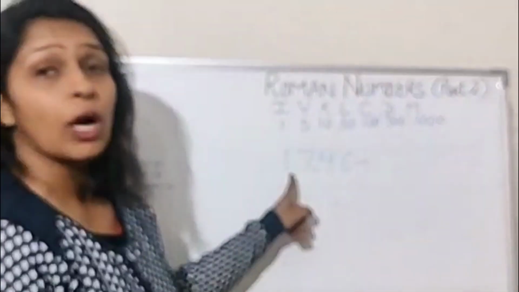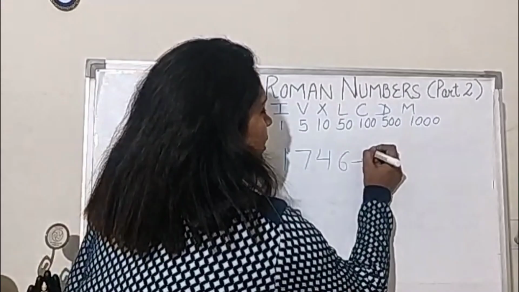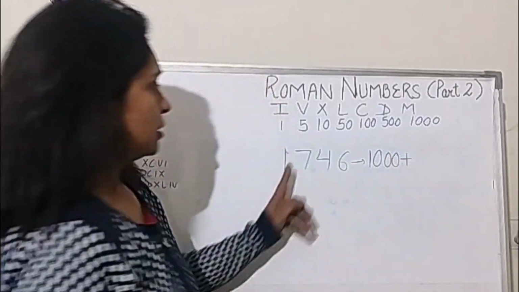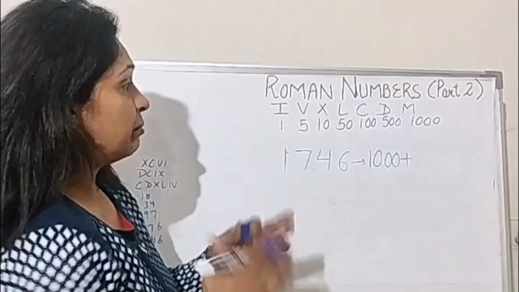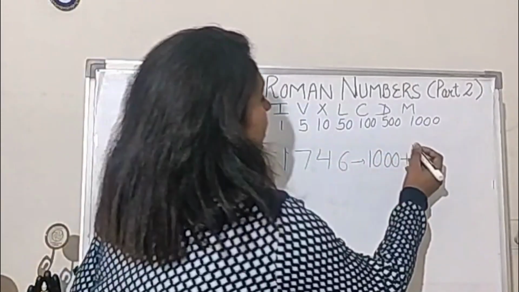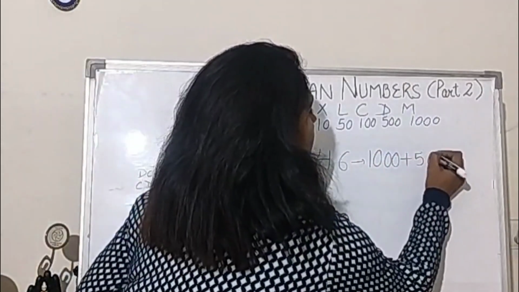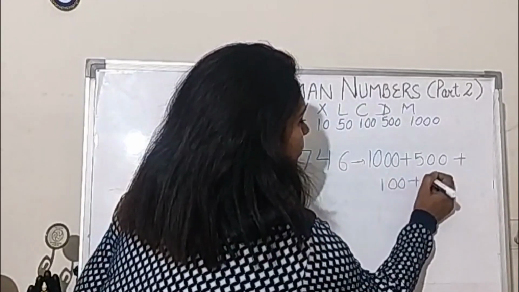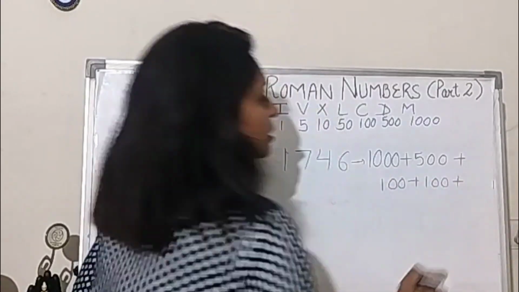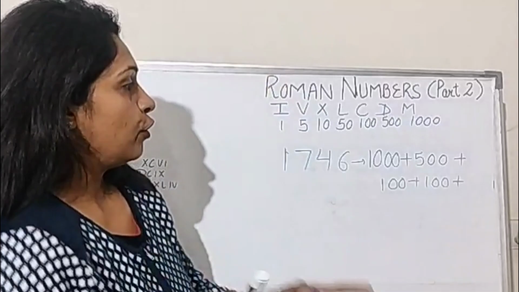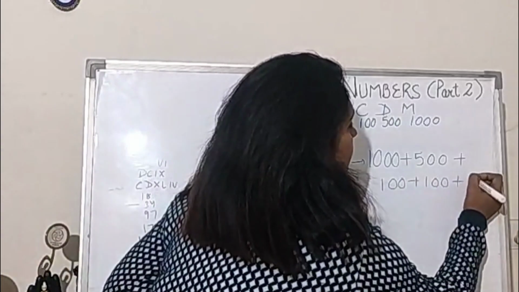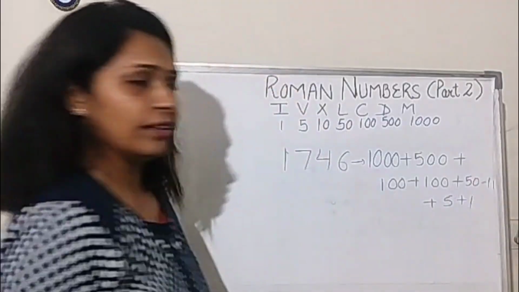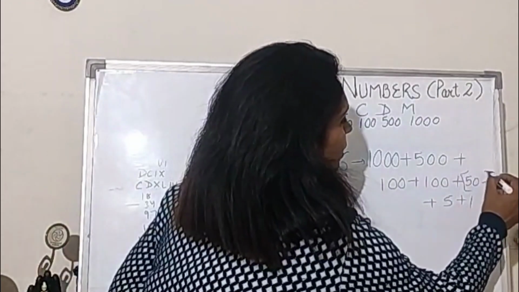So now here we have got the thousands place also. So this can be written as 1000 plus 746, which can be again broken. We can break it as 500 plus 200 plus 40. 40 can be written as 50 minus 10, and 6 can be written as 5 plus 1. So you can always write in this combination here.